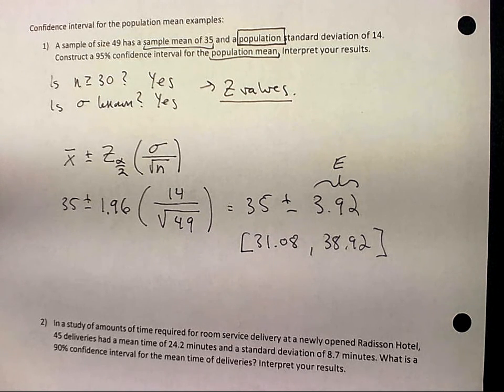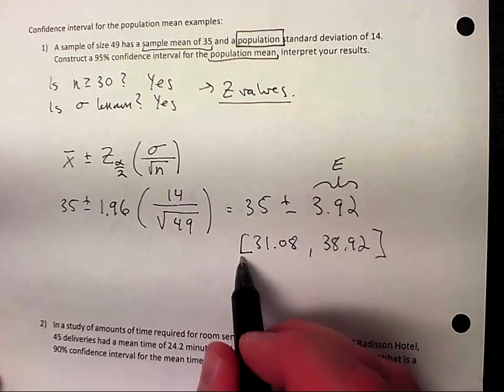Good. It's irrelevant if we're adding or subtracting one single value. Because if we're using z values, we know we're using the normal distribution, which is a continuous distribution. So we're using a continuous random variable, and it doesn't matter if it's square or round. I think your textbook primarily uses round, but it really doesn't matter.